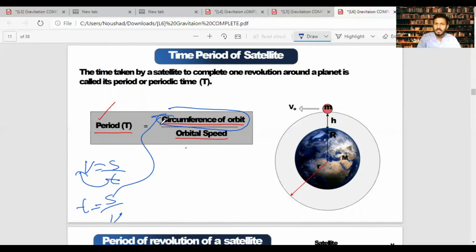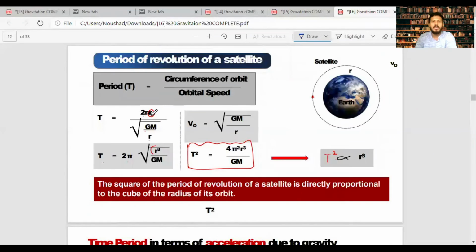What is displacement? Circumference of the orbit. What is the velocity? The satellite is revolving at orbital velocity, so put that orbital velocity in the denominator. Period is circumference of orbit by orbital speed. Then we have to calculate the circumference of the orbit. It's simply 2 pi r. Why?